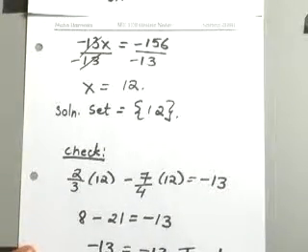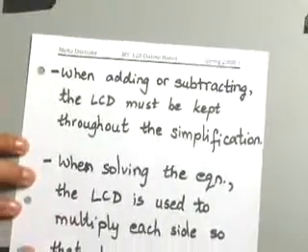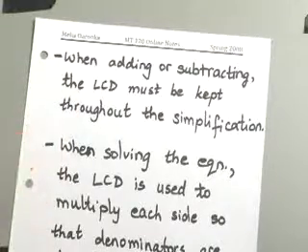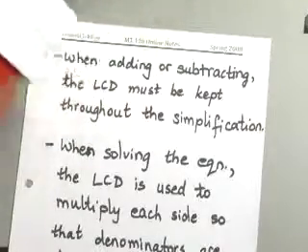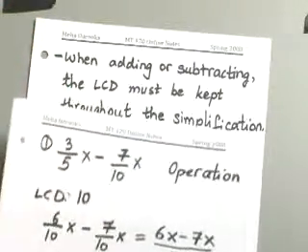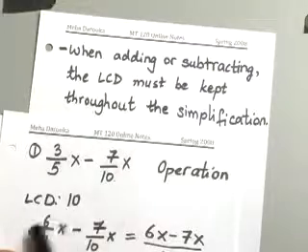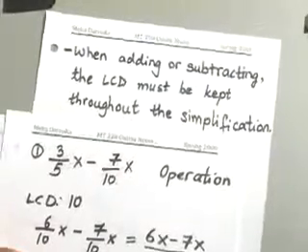Alright, so let's summarize what we did here. Now, remember, when adding or subtracting, the least common denominator must be kept throughout the simplification. So basically, in our first example, as you will see, we were subtracting here, and our least common denominator stayed throughout the process as we were simplifying this problem.